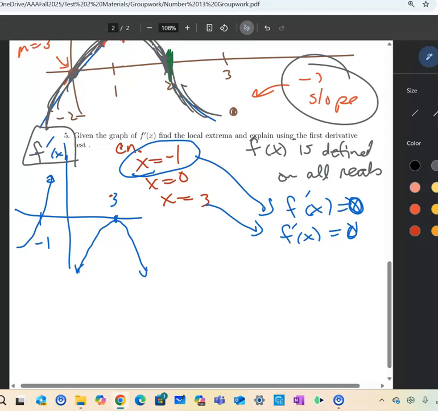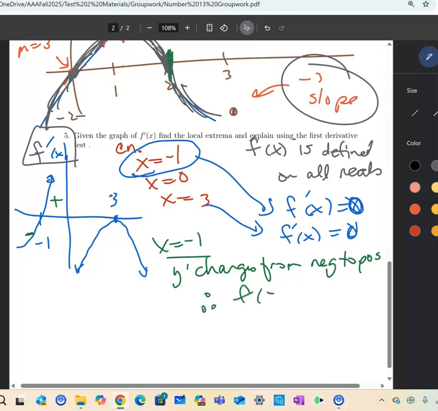So before looking at x equals -1, before -1 it's negative, after -1 it's positive. So since y prime changes from negative to positive, therefore f of -1 is a local minimum. Okay, got a little bit of a graph.